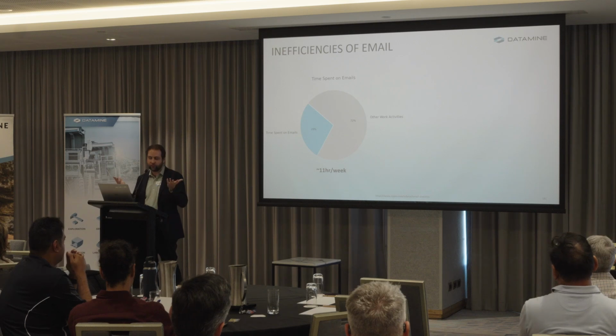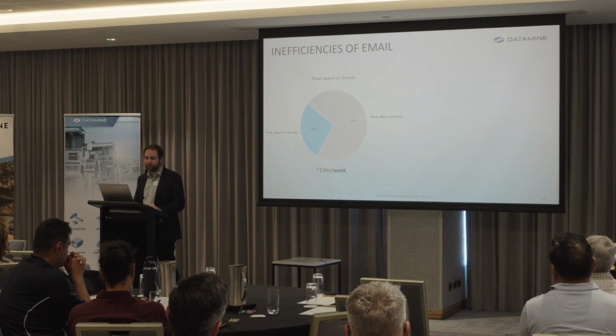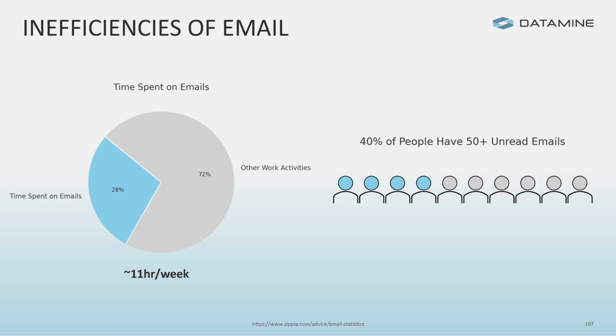So let's just focus on emails then. Typically, the general person will spend roughly 11 hours, that's 30% of their weekly workload, just on emails. Searching through emails, reading emails, answering emails, and over 40% of these people have more than 50 unread emails.